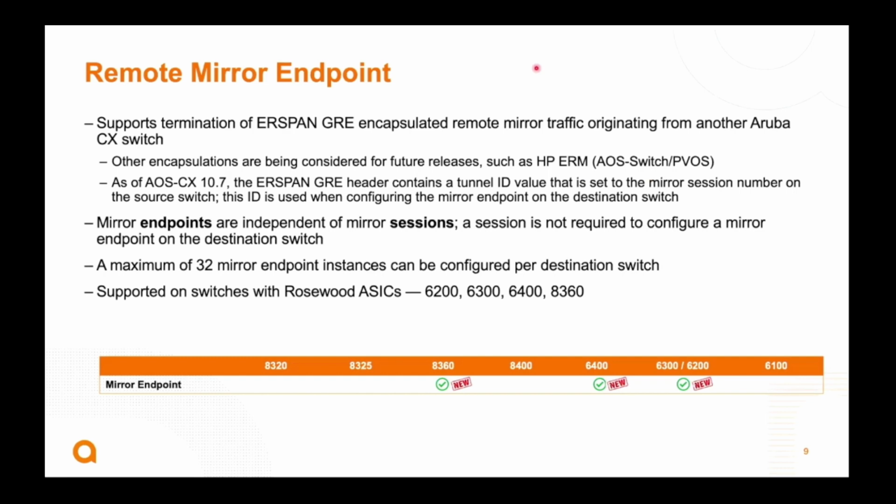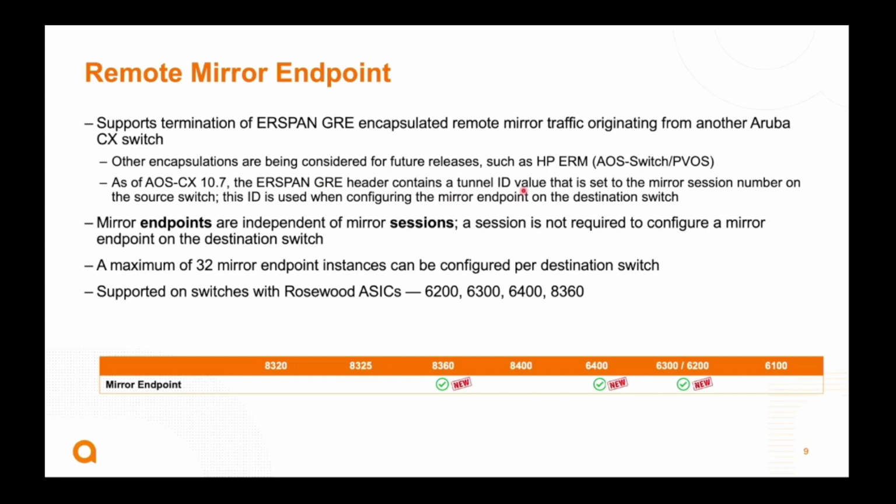One particular note is that as of the 10.7 release, the ER-span GRE header from the source traffic being tunneled to the destination switch has a tunnel ID value that is set to the mirror session ID from the source switch. So session 1, 2, 3, or 4.